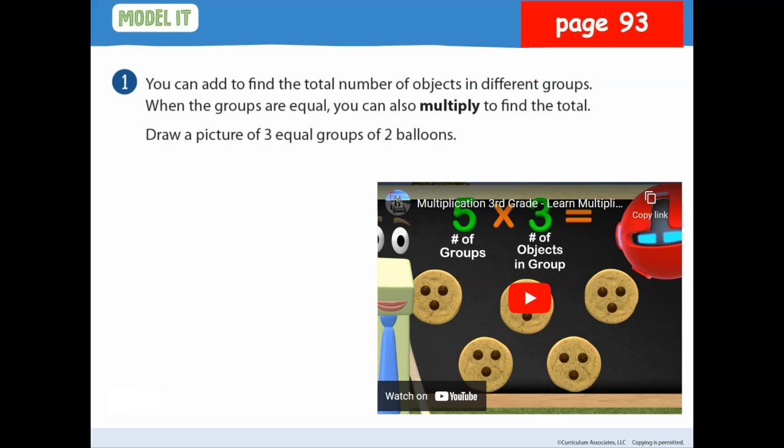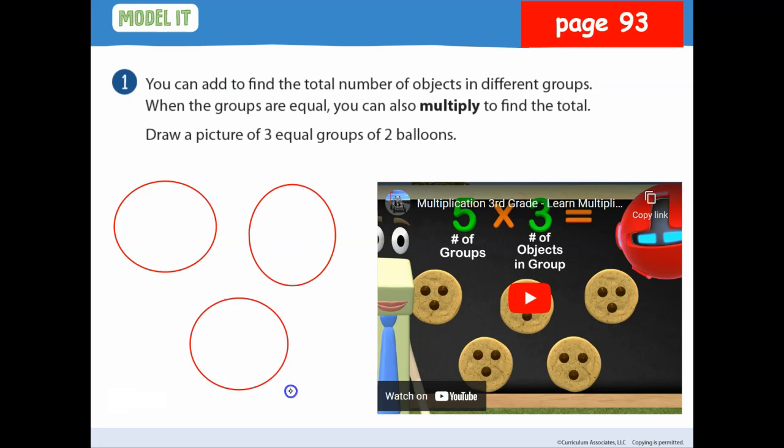So watch me. How many groups am I going to need? 3, right? It says 3 groups. So can you do that for me, please? Okay. How many in each group?